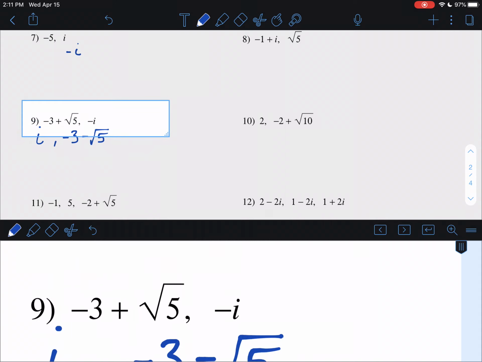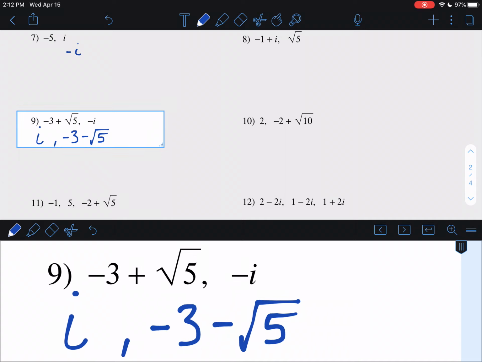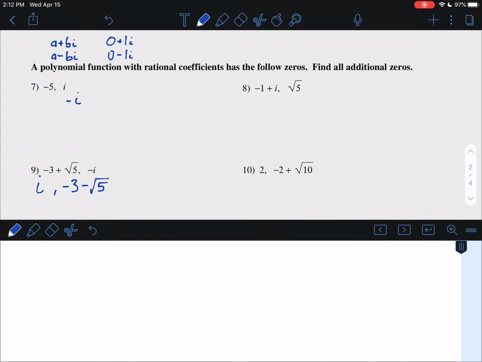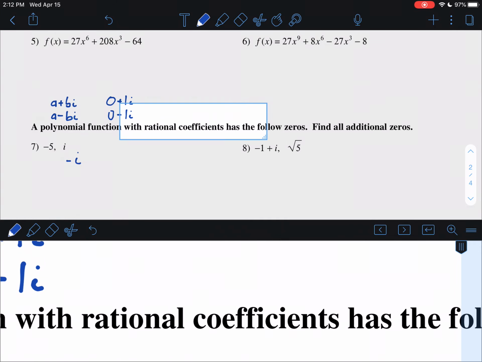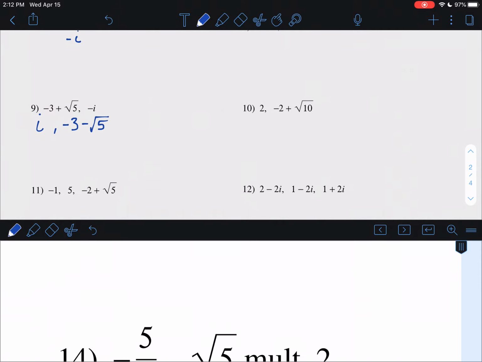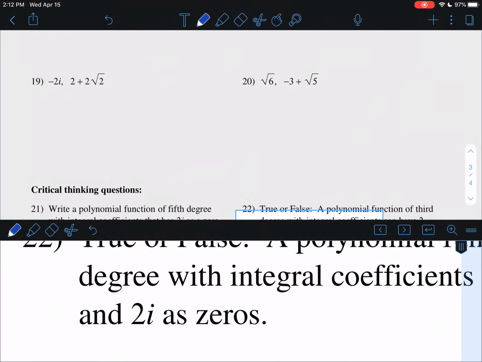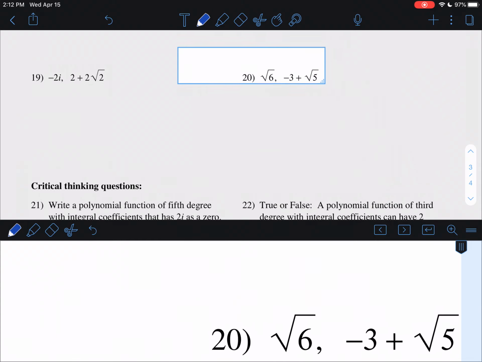If I have -3 plus square root of 5, I have to have -3 minus square root of 5. And once I multiply all these factors together, I will get a polynomial function with rational coefficients that has the following zeros. Okay, so now you'll see that in practice.